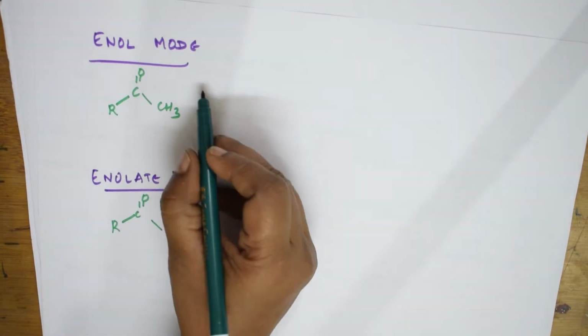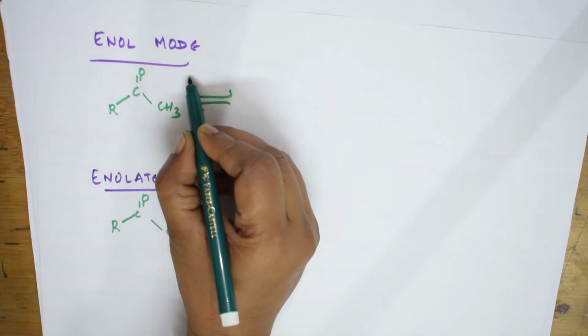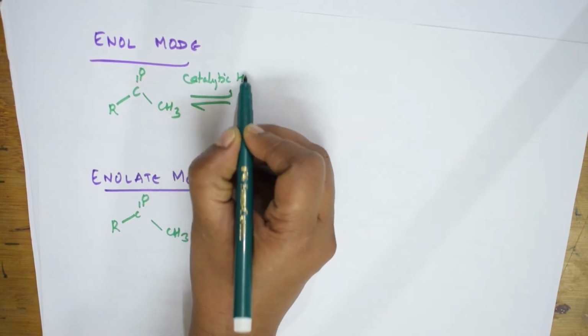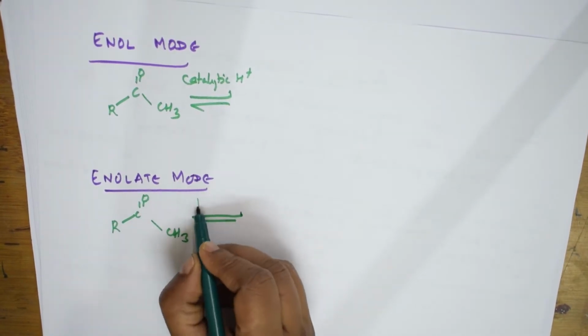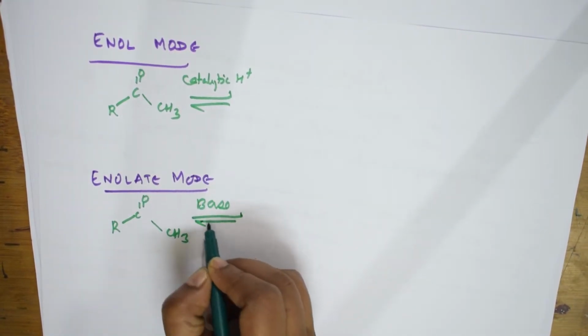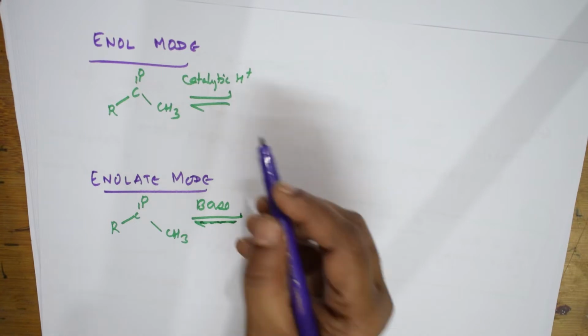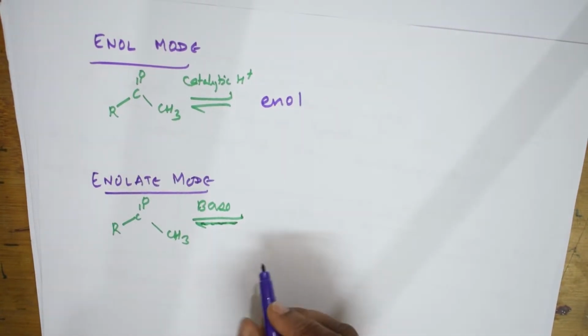Here also same thing, R COCH3. When you do enol mode, suppose I do it in the presence of a catalytic H plus, that is acidic medium. In enolate mode, I do it in the presence of a base. First, from the ketone you are going to get the enol.